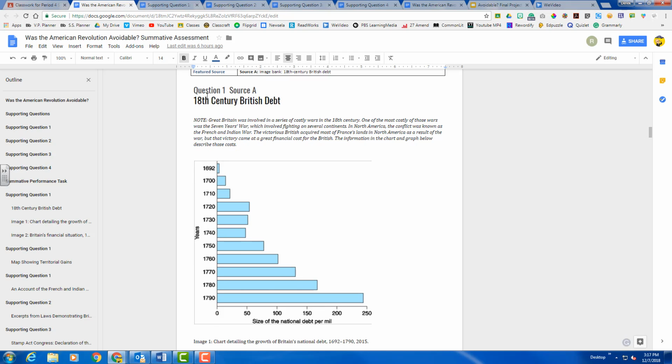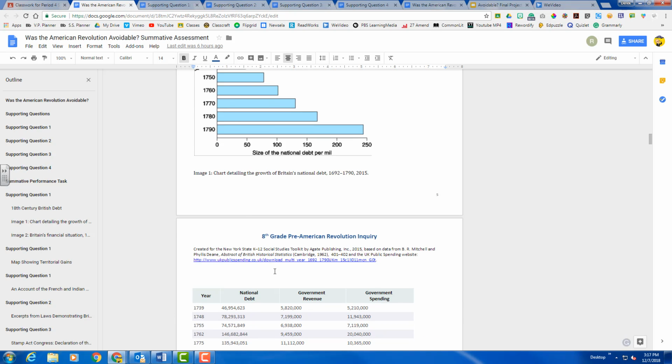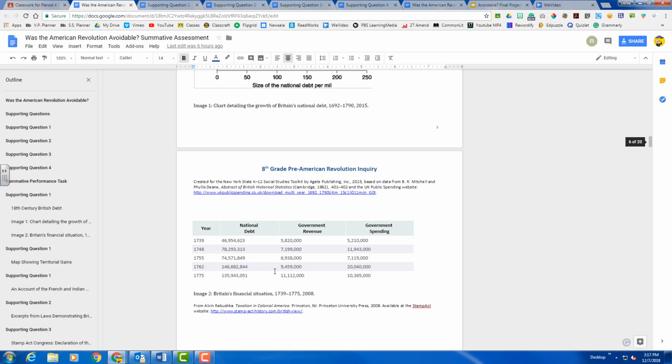For example, here's supporting question number 1, source A. This talks about the debt that the British were in because of the French and Indian War. You can see from 1750 how that debt just jumps into the 1760s and 1770s following the French and Indian War, how they were paying a huge part of that debt, and how they needed to get the British colonies to pay more, including the American colonies.